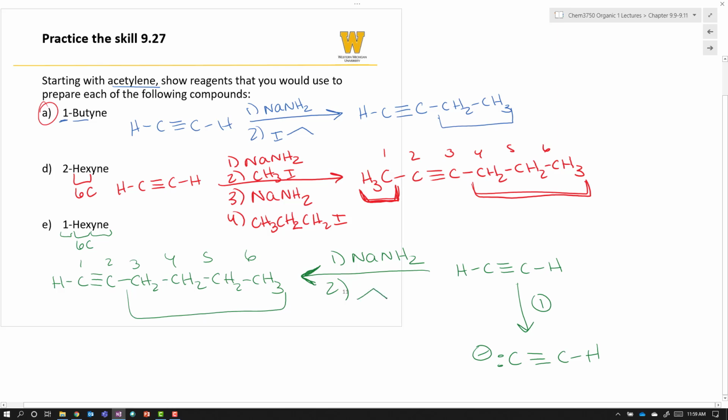We're going to have 1, 2, 3. Oops, I need 1 more carbon there. 4. So that's a butyl iodide. 1, 2, 3, 4. So draw this again. We're going to have our great nucleophile come in, attack, and lose our iodine as our leaving group to form that final product.